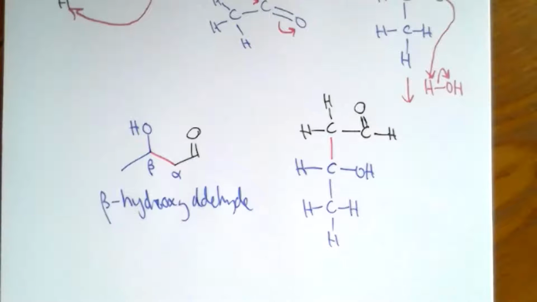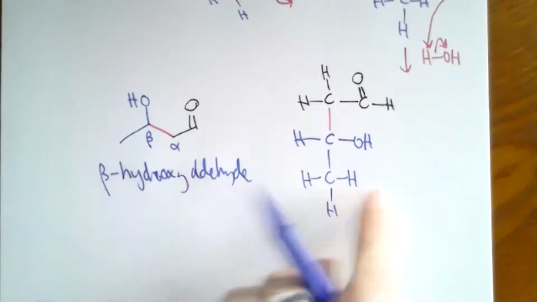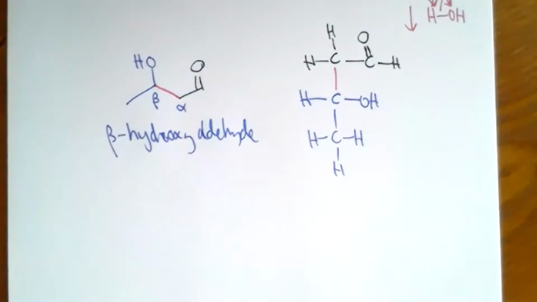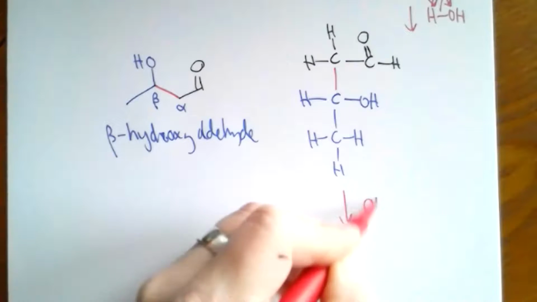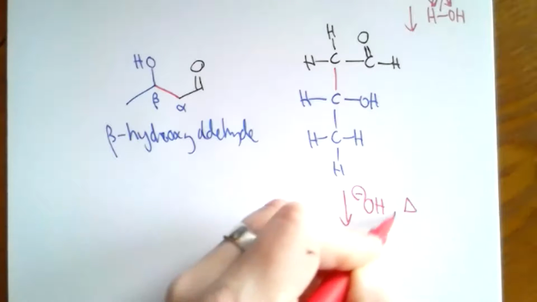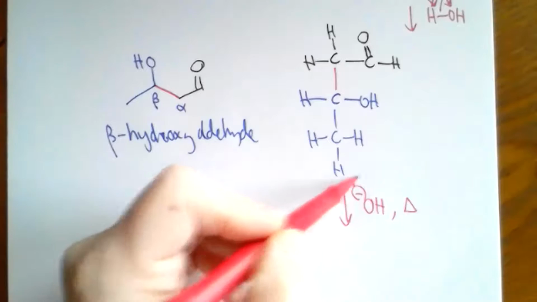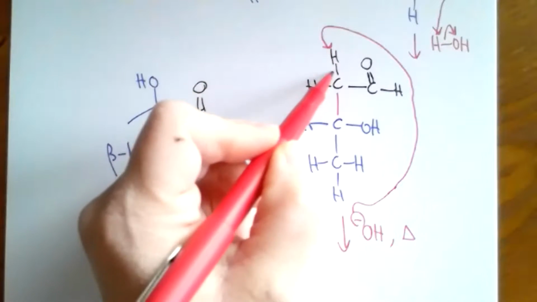The next slide says, on occasion, aldols dehydrate. So I'm going to take our aldol product here, but I'm going to go back to the all carbon and hydrogen version. And I'm going to say, what if we cook it in hydroxide? The first thing that happens is you pluck an alpha hydrogen.